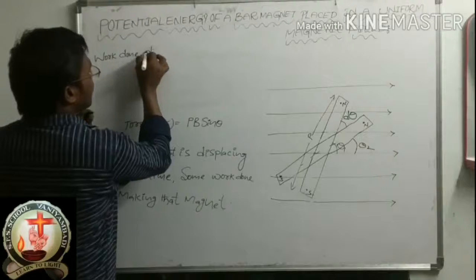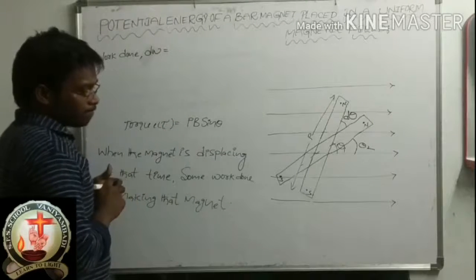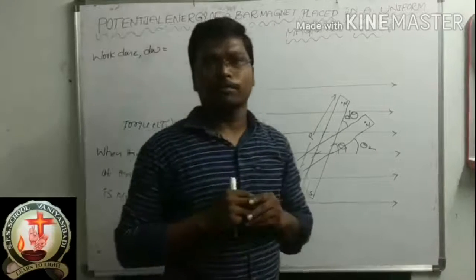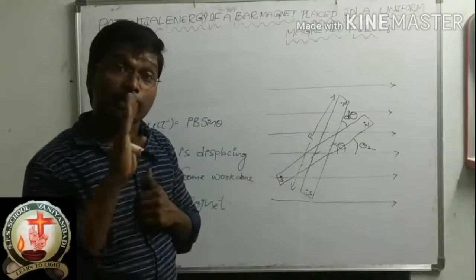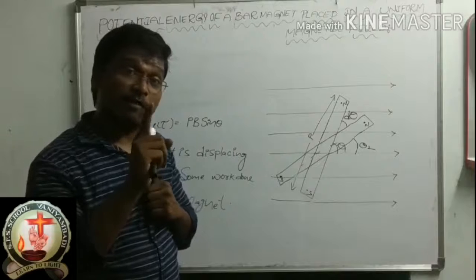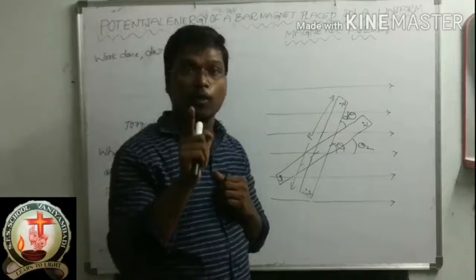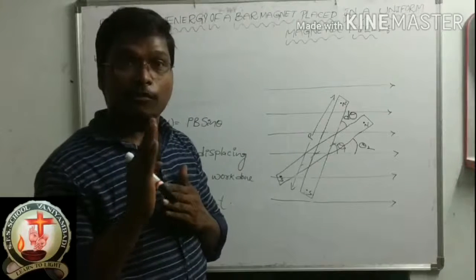Work done dW is equal to, actually, what is the work done formula? Force into displacement, correct. That is the formula of work done in linear motion. Work done is equal to force into displacement.